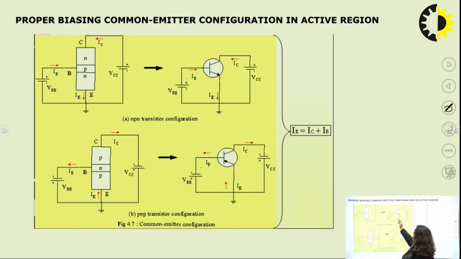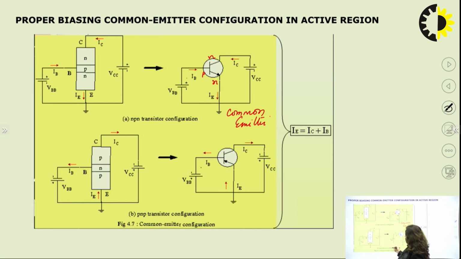We have an NPN type of transistor, and the emitter is grounded, so it is common emitter here. The voltage provided at the emitter is ground, equivalent to 0. VBB is the voltage provided to the base, and VCC is the voltage provided to the collector.